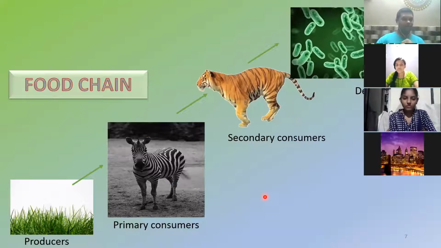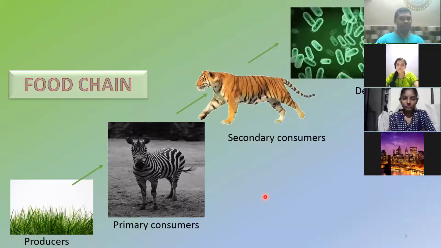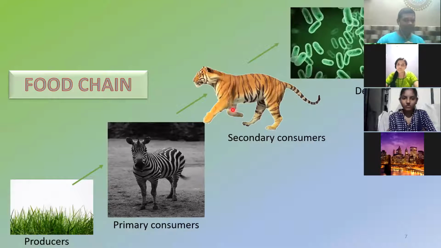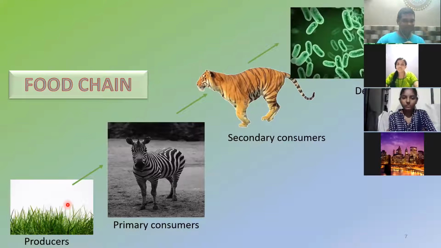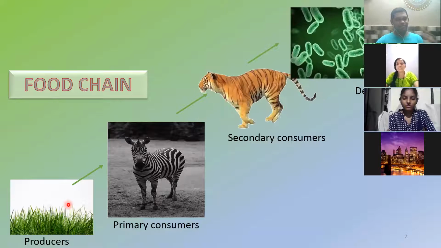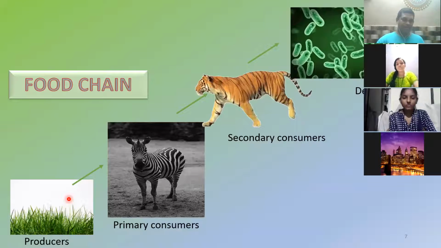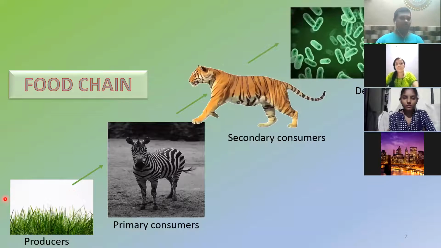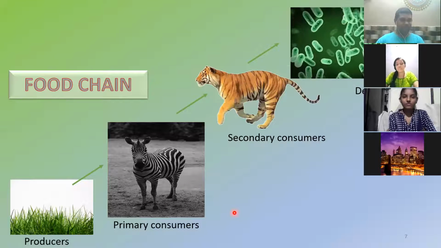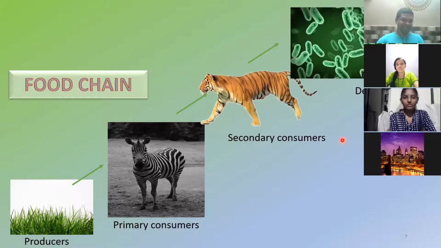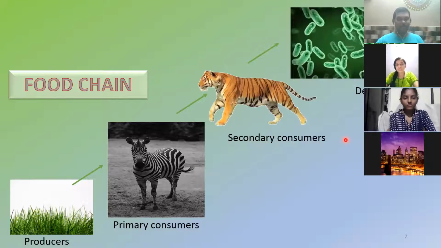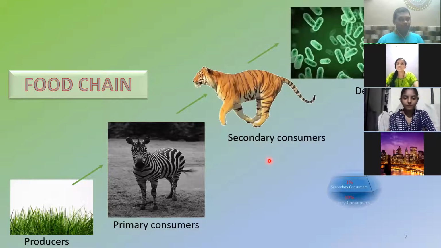If I remove the zebras from this chain, then the tigers will starve to death because they cannot feed on the producers. So every trophic level is important. And I don't need to ask what will happen if all the producers are removed. The whole food chain will end. So every organism has its own importance.